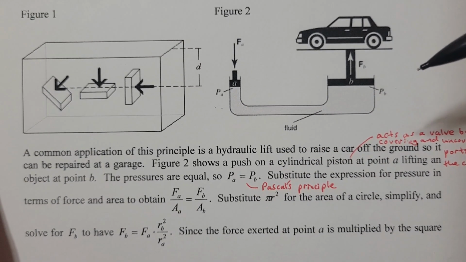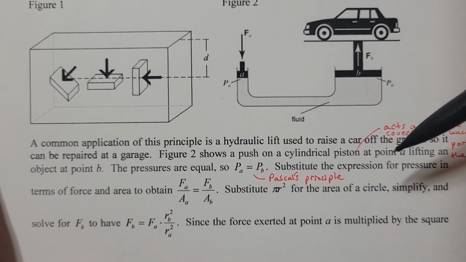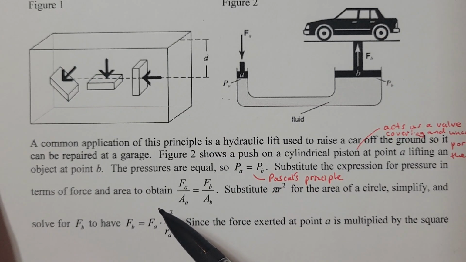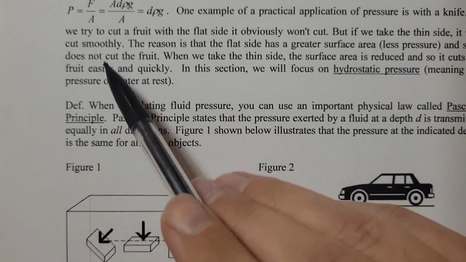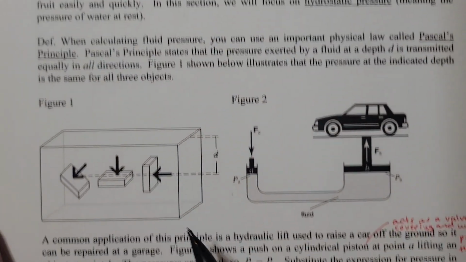Substitute the expression for pressure in terms of force and area to obtain this equation here. Pressure is equal to force divided by area, and that's what I'm using here.